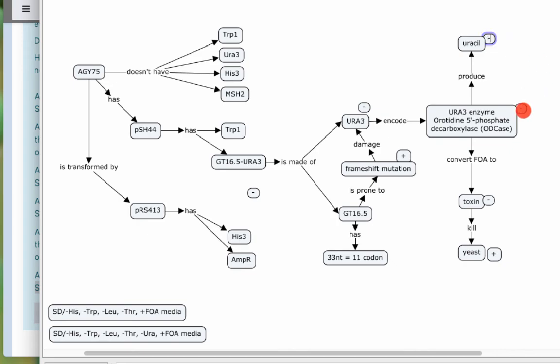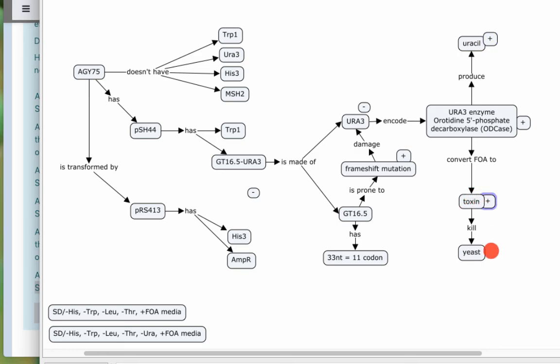Now let's look at the situation where the URA3 enzyme is functional. What's going to happen? When the URA3 enzyme is functional, the yeast will be able to produce its own uracil. This is good for the yeast. However, if you go down this branch, toxin is produced as well.